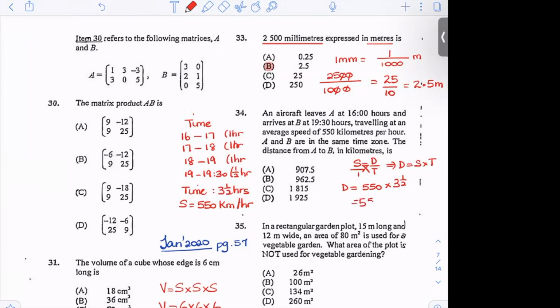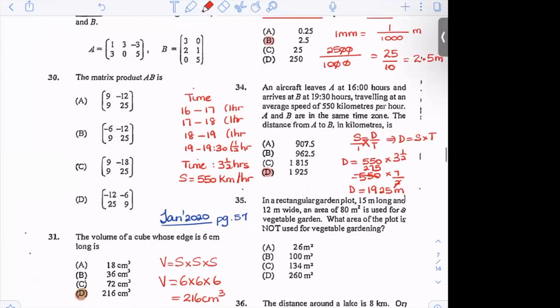So 550 multiplied by 7 over 2. 550 divided by 2 is 275. And 275 times 7 is 1925 kilometers. The answer, D as in dog.